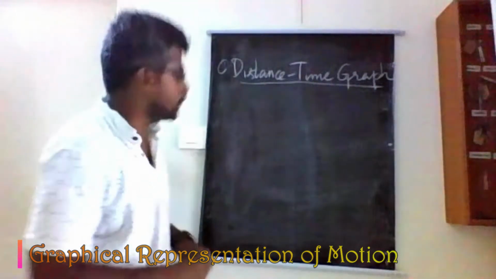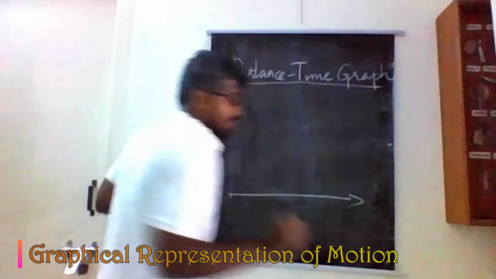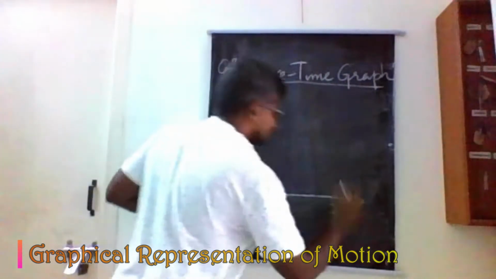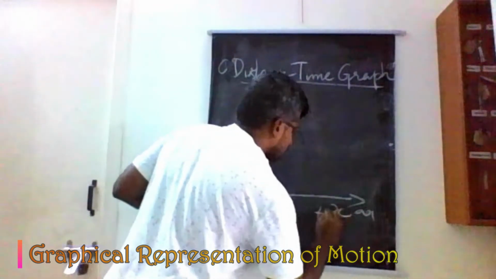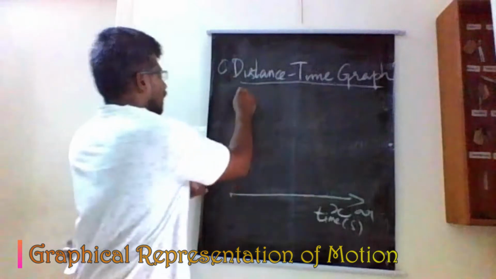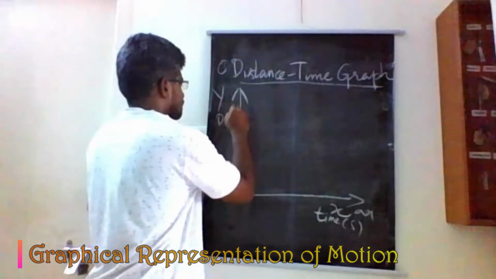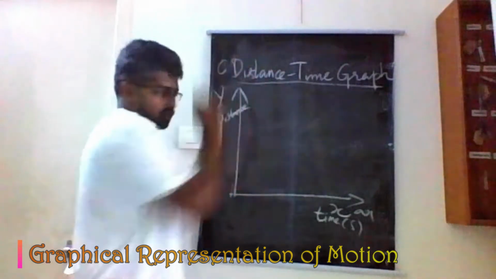Time is always on the x-axis. This is time in seconds or minutes. The y-axis is distance. That's all.